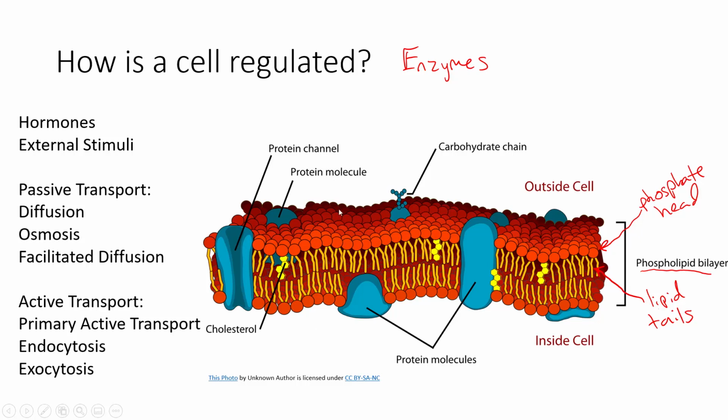Small nonpolar and non-charged molecules can pass through here through diffusion. Another example of diffusion is if you were to put a tea bag in a cup of water. As you put that tea bag in there, it's super concentrated inside the tea, but eventually the tea will diffuse out through the water. So it's moving down its concentration gradient.